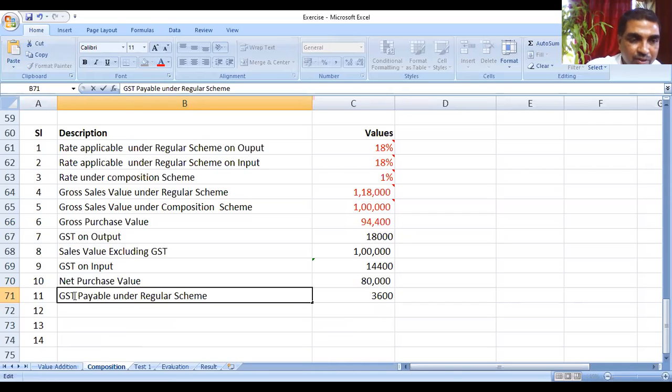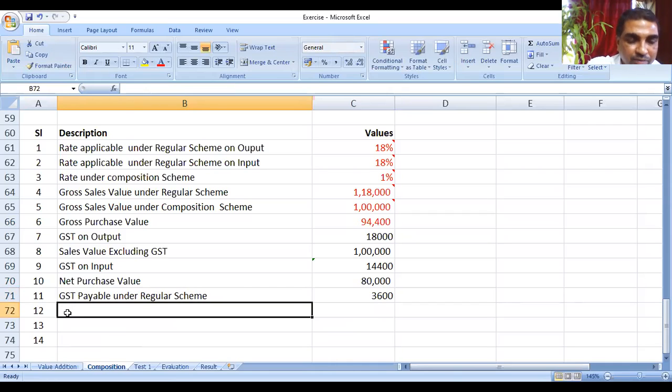Now, GST payable under composition scheme we will calculate. Instead of regular, we will see under composition scheme. Now, who can say me? How to calculate? Please help me.